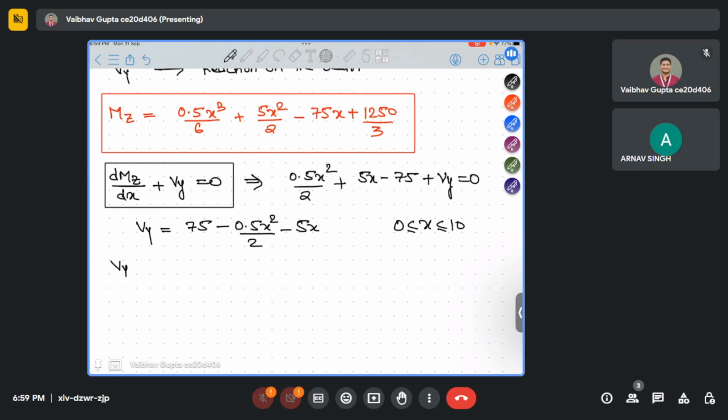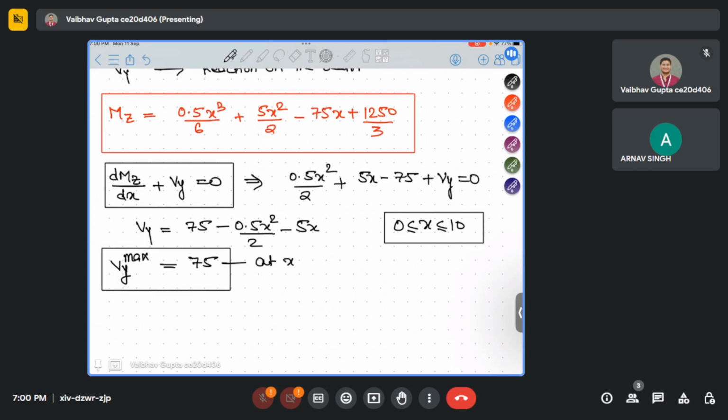So Vy max, if you see for this range, as I've told you, this is a decreasing function. So the maximum value you will get is 75, which is at x equal to 0, since the curve is a decreasing function.